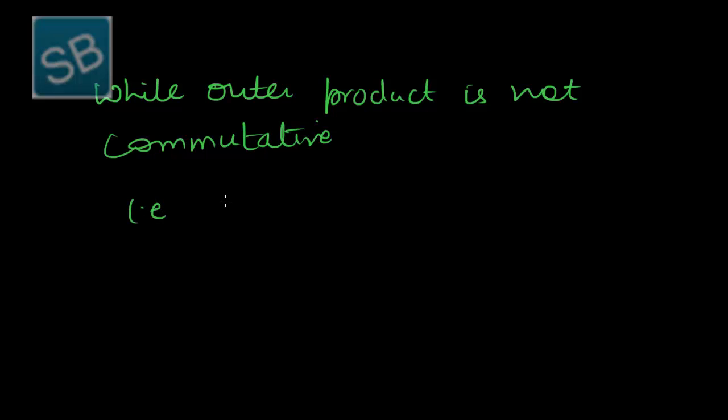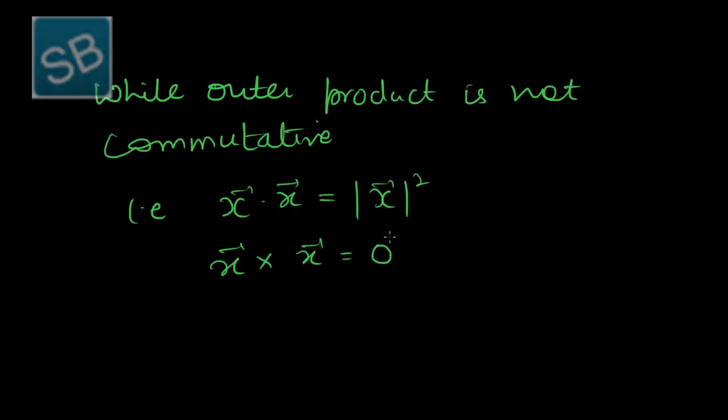That is, x dot x is equal to mod x square and x cross x is 0. Now we will discuss some problems which are based on outer product, that is done in the next lecture.